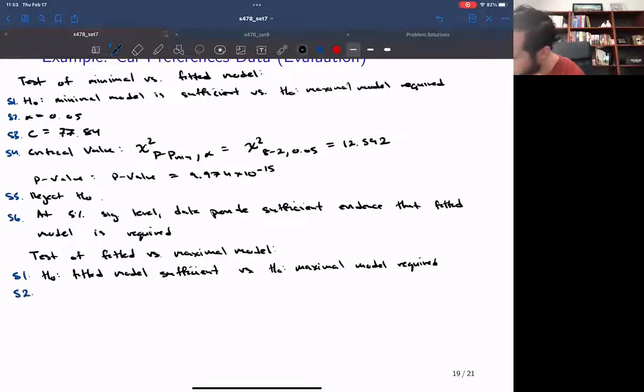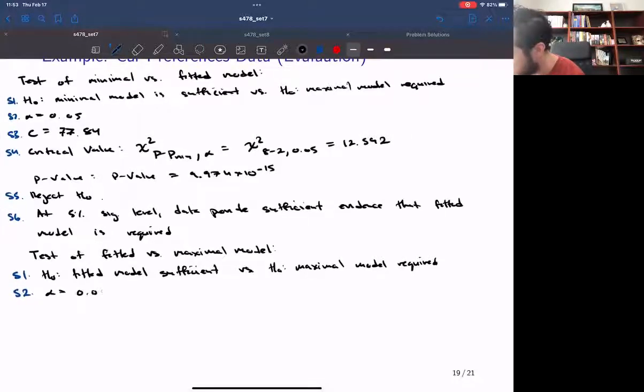Okay, then on step 2, we have alpha 0.05. And then on step 3, for the deviance, we're going to compare those two deviance values given in the output.